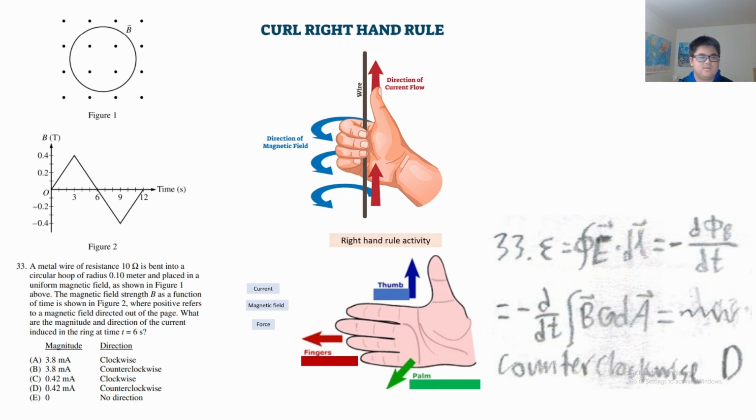So the change in magnetic field is so small that the magnitude of the induced current cannot possibly be 3.8. So it has to be D. Since we know that the direction has to be counterclockwise and it cannot be that high, the answer choice is D. You could also use the equations given on the formula sheet, but you really don't need that.